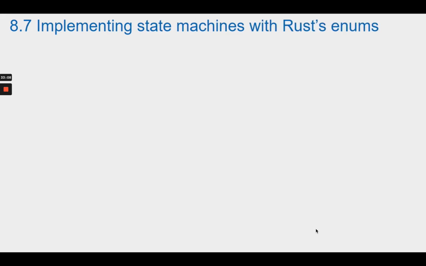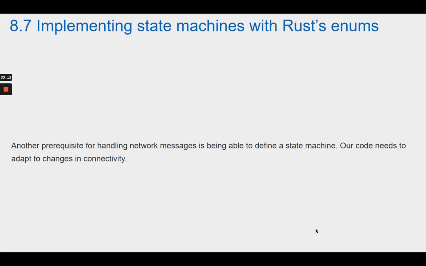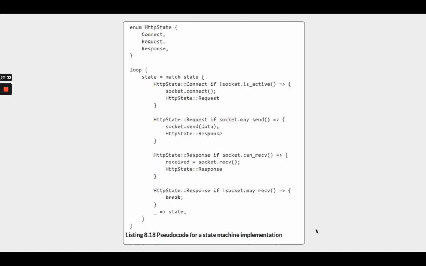Section 8.7. Implementing state machines with Rust enums. Another prerequisite for handling network messages is to be able to define a state machine. Our code needs to adapt to the changes in connectivity. Listing 8.22 contains a state machine, implemented with a loop, a match, and a Rust enum.